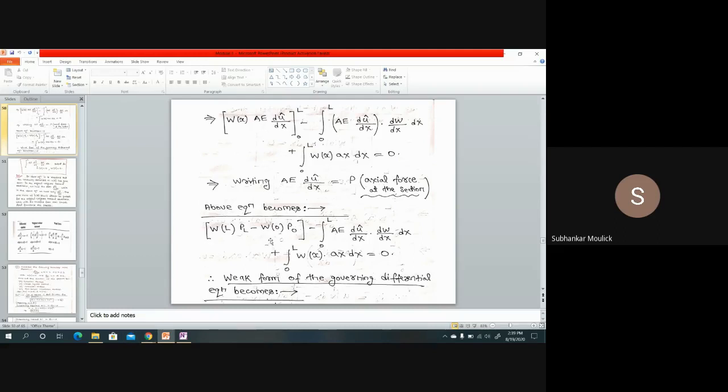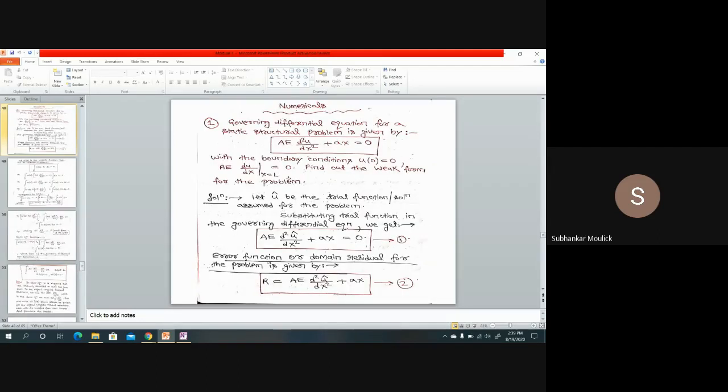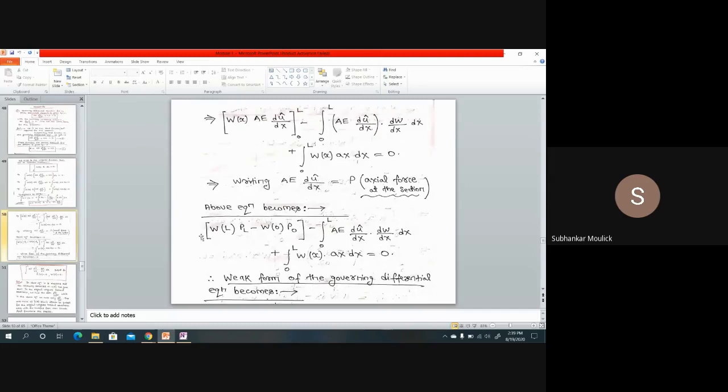This particular term is nothing but the natural boundary condition. I have told you previously, some one or two lectures before, that there is no need to worry about the natural boundary condition.